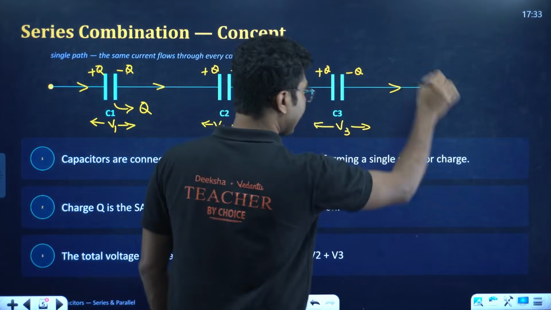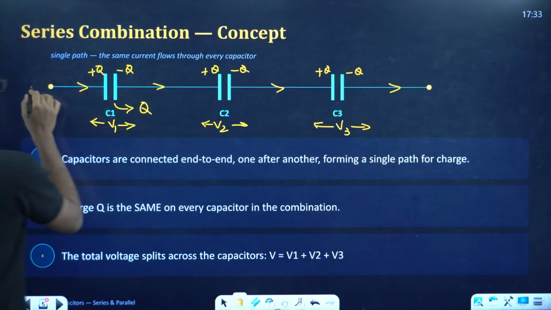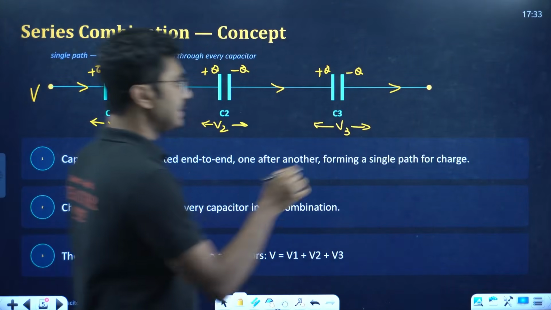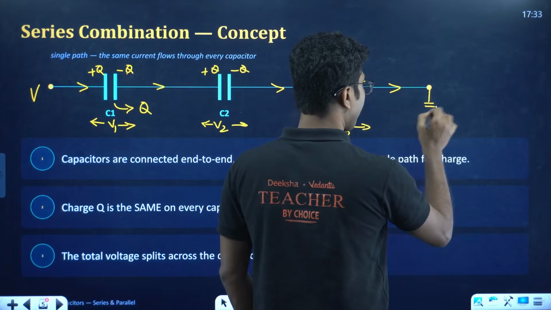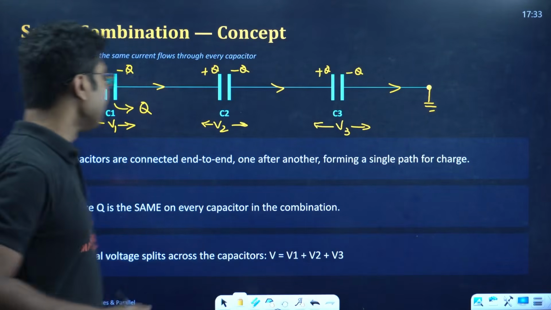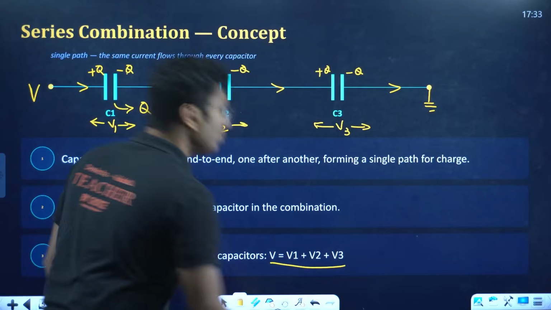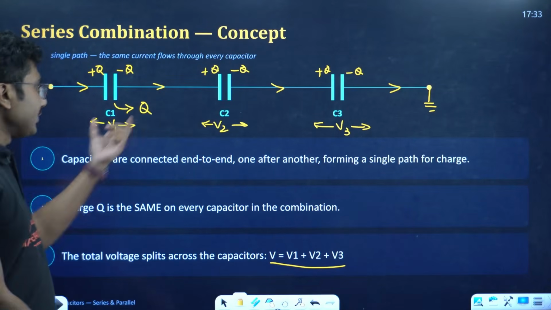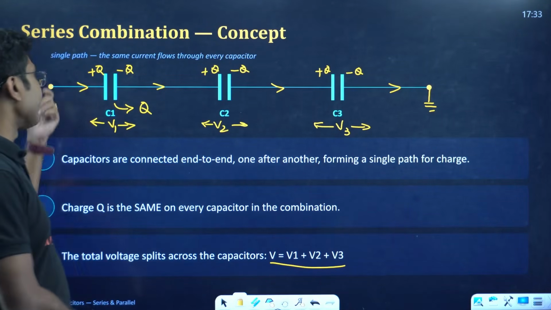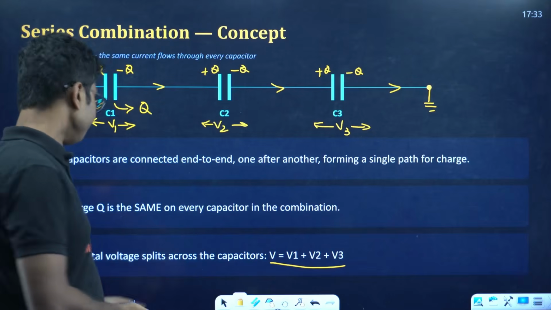If you connect them across a voltage source V, with this side grounded for simplicity, then V is given by V1 plus V2 plus V3. You just need to add the individual voltages to get the total voltage.